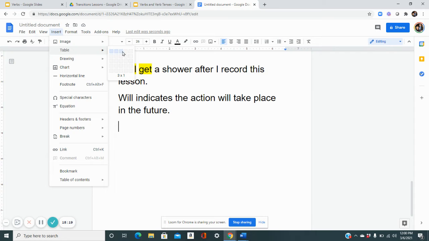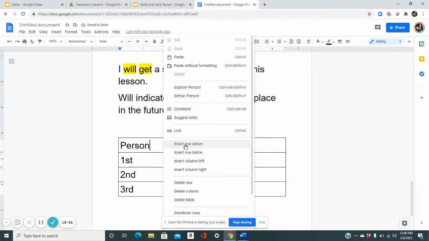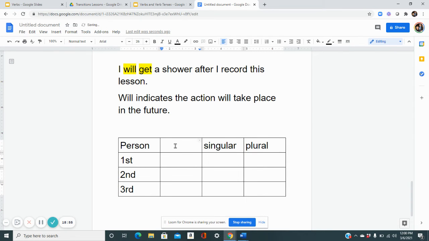Not a chart, but a table. I did not mean to add that.